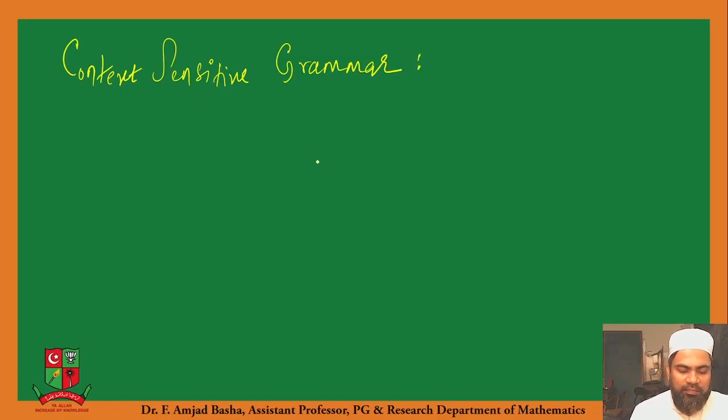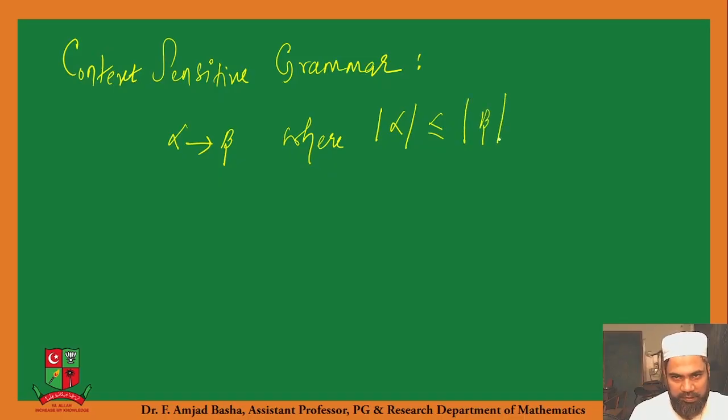A context sensitive grammar contains only productions of the form alpha tends to beta, where the length of the string alpha is less than or equal to the length of beta.